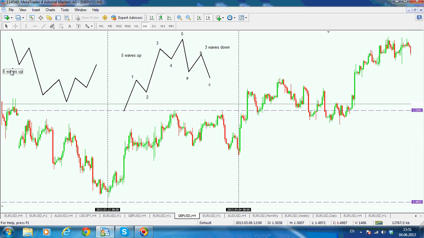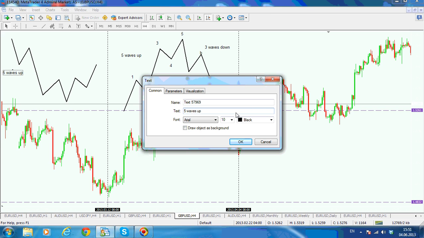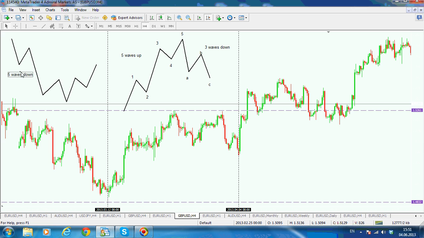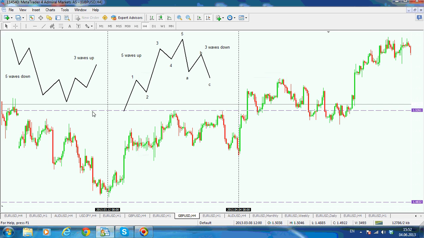As you can see, these are 5 waves down, correct? Five waves down, corrected with 3 waves up. And this is still the same move, just it is inverted.